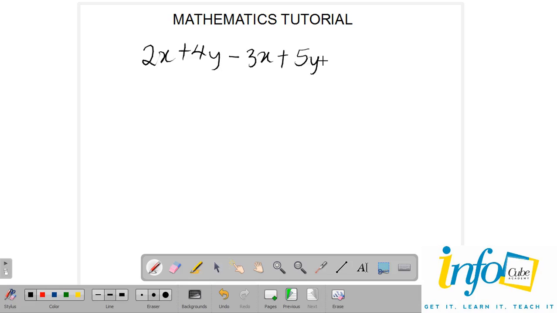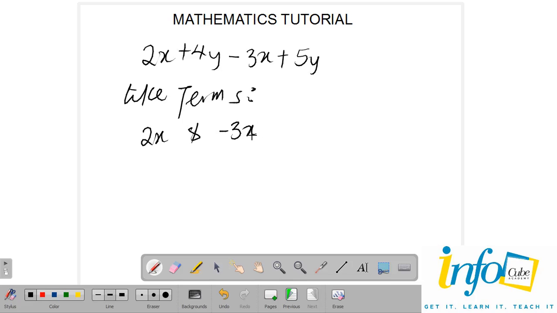The first thing you need to know is that you must add like terms. When we talk about like terms in algebra, we're talking about those terms that have the same letters. So 2x and minus 3x have the same letters.